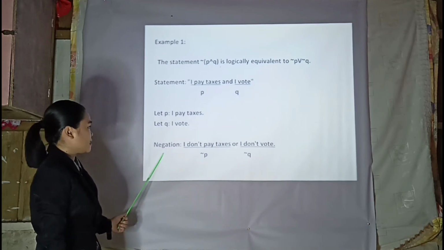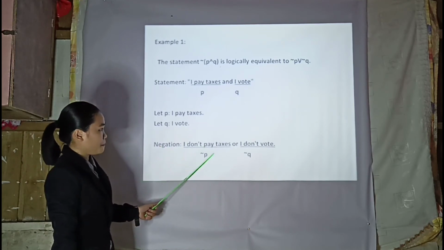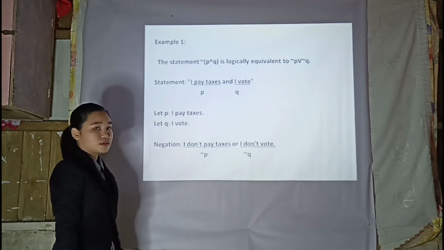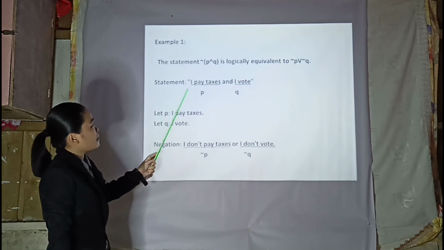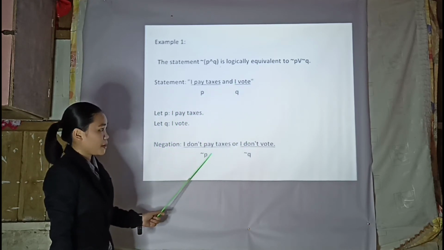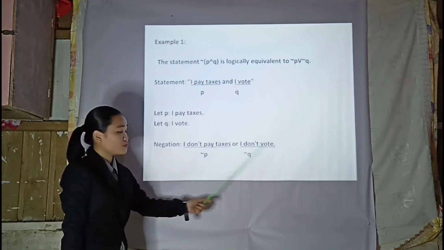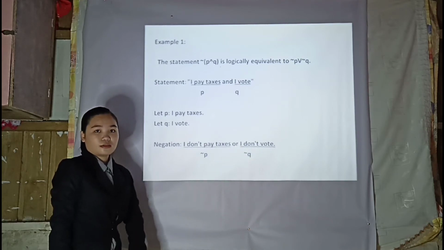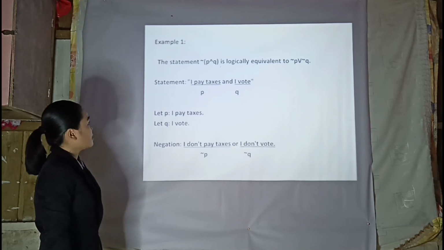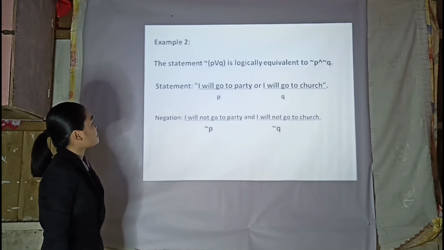So, our answer here is I don't pay taxes or I don't vote. So, from the statement I pay taxes and I vote, it becomes I don't pay taxes or I don't vote. Do you understand? Okay, we will proceed to another example.